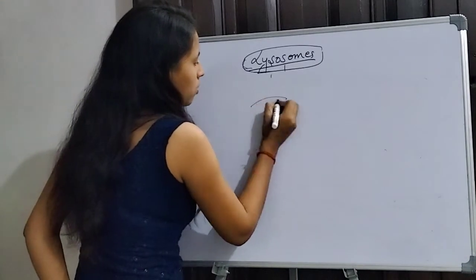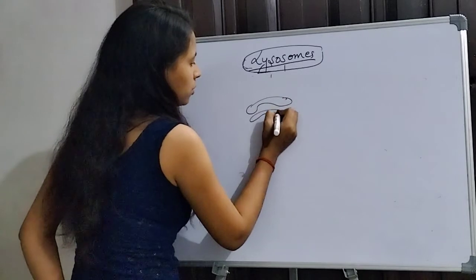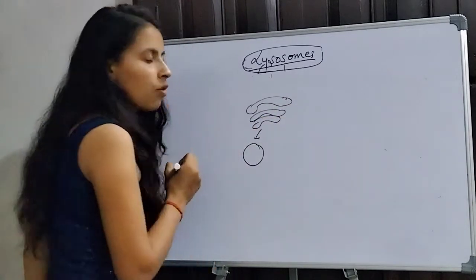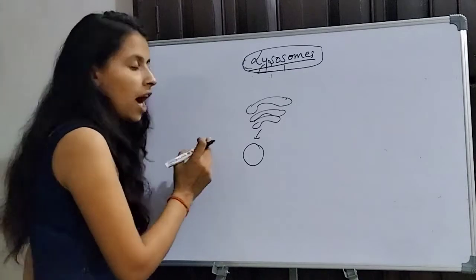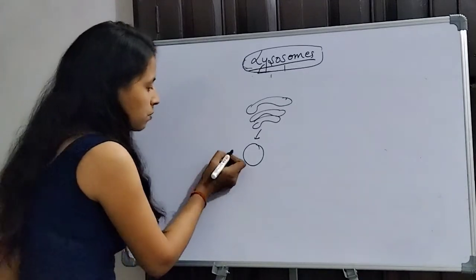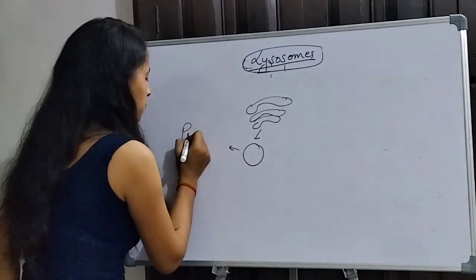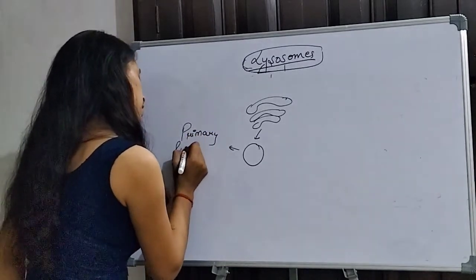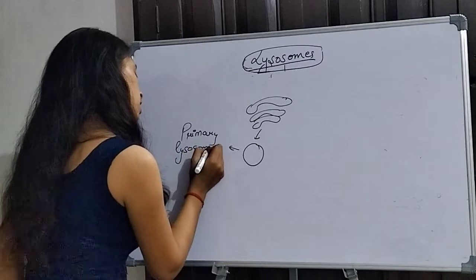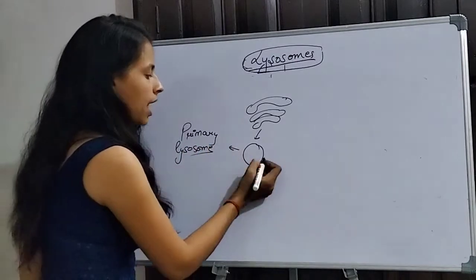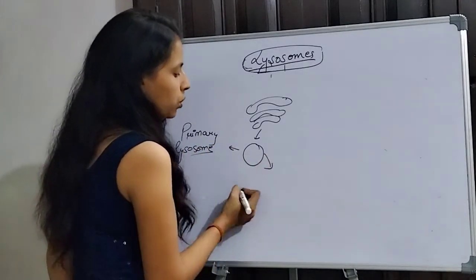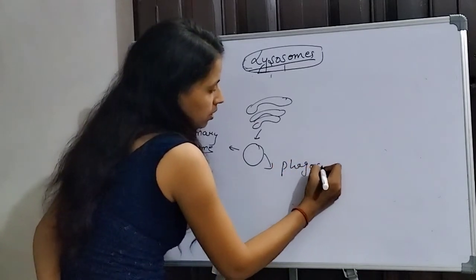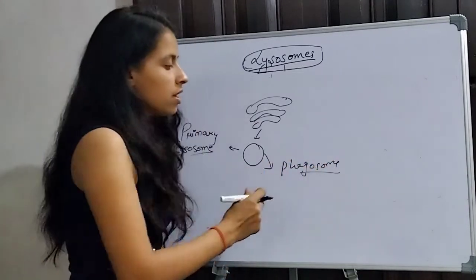Suppose this is the endoplasmic reticulum. Here a small vesicle is formed containing hydrolytic enzymes, and the primary lysosome is formed. When these primary lysosomes further fuse with phagosomes, what is a phagosome?